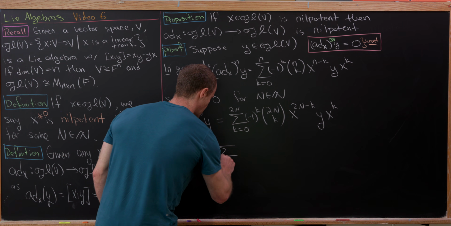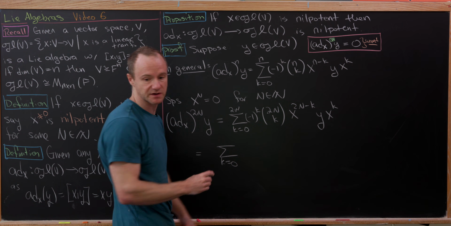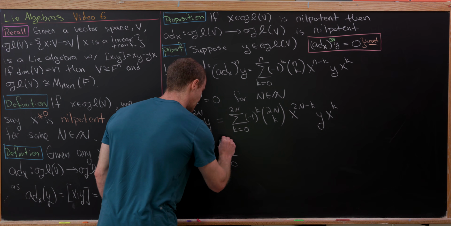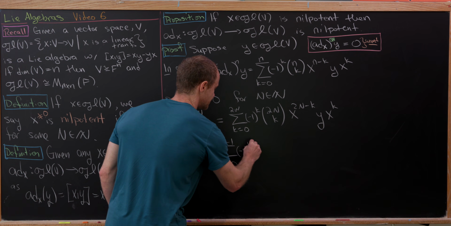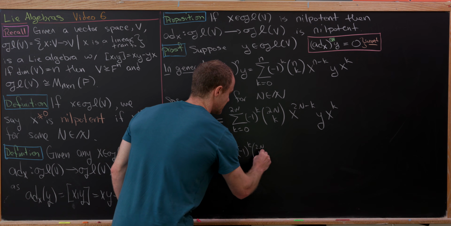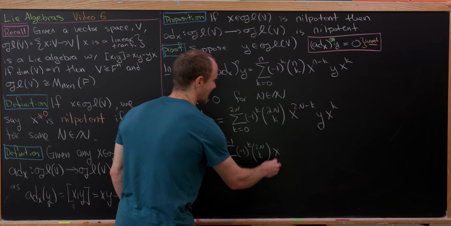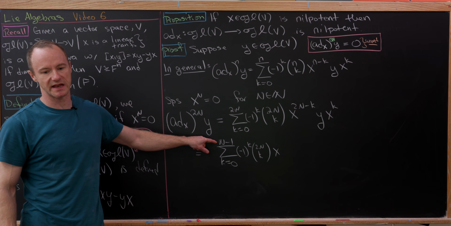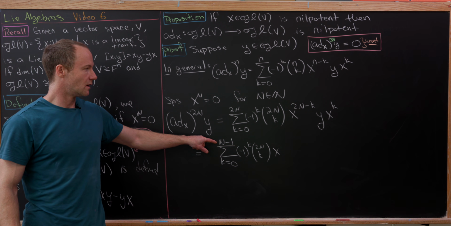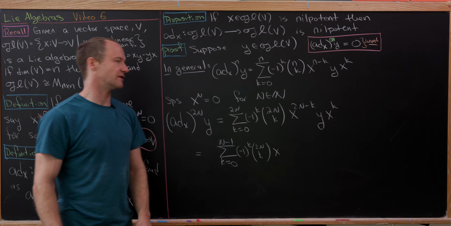So my first part will be the sum as k goes from 0 up to n minus 1. And so we'll have minus 1 to the k, 2n choose k. We'll have x to the 2n minus k, but since k is going between 0 and n minus 1, all of those will have a factor of x to the n.